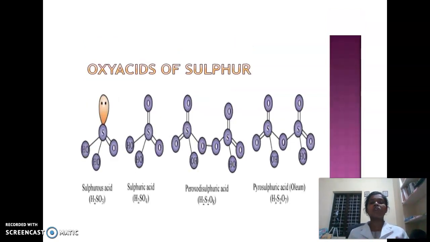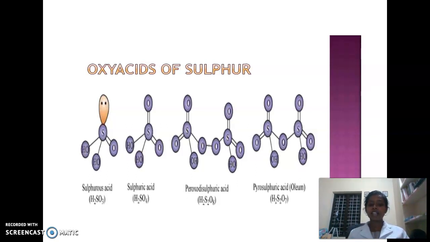Look at the structures of oxyacids of sulfur. We can see the first structure, H2SO3, where 2 OH groups are attached on sulfur with a double bond O and one lone pair of electrons. Sulfuric acid structure, 2 OH groups and 2 double bonded O groups are attached.